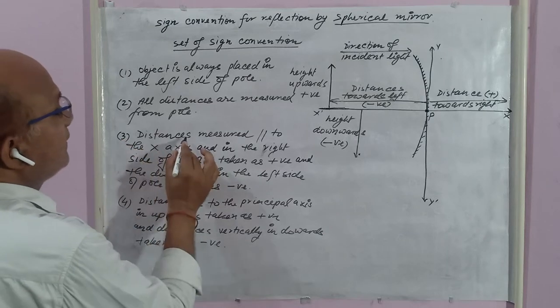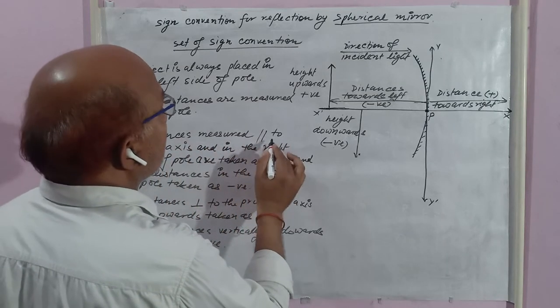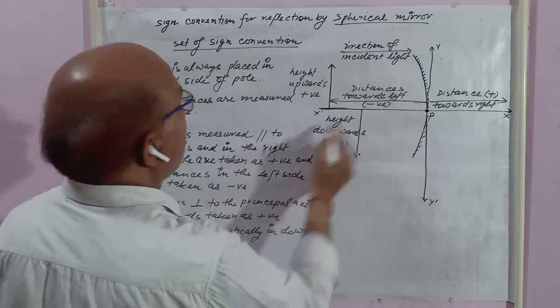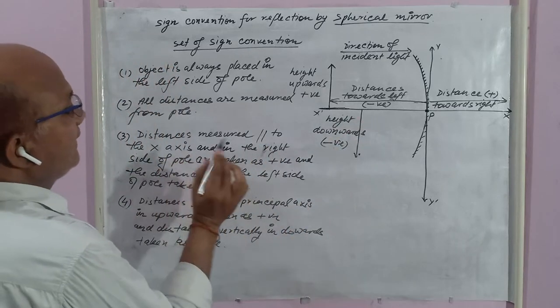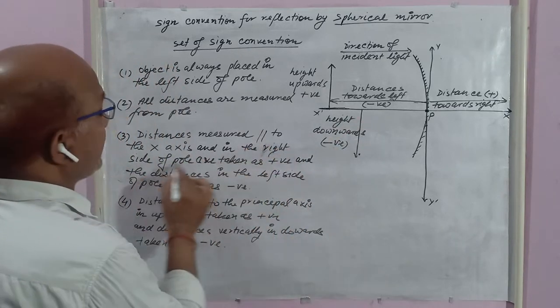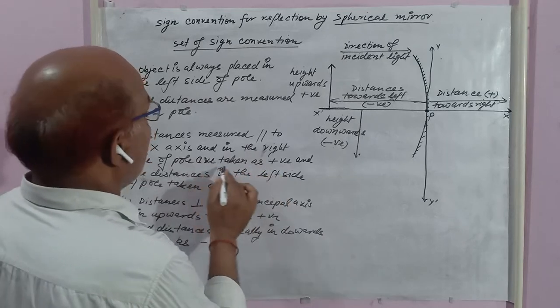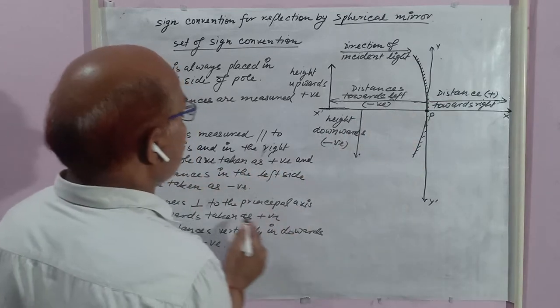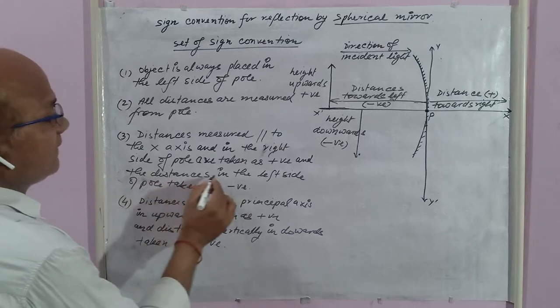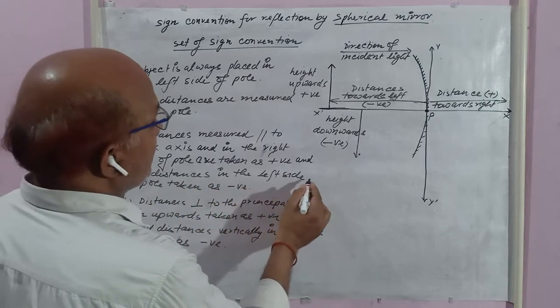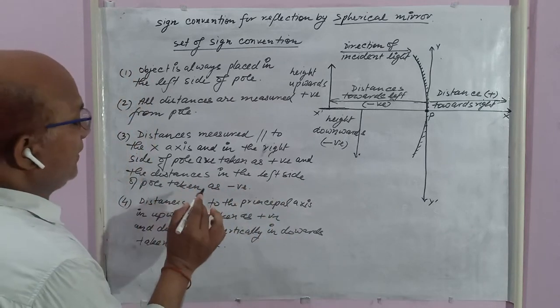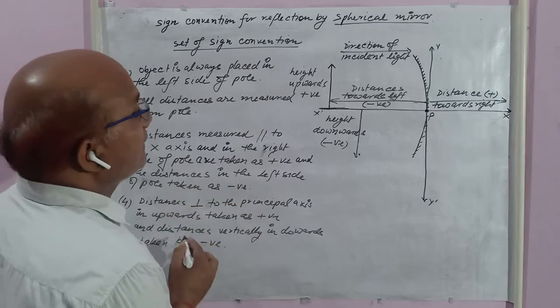Number 3, distances measured parallel to the x-axis and in the right side of the pole are taken as positive, and the distances measured towards the left side of the pole are taken as negative.